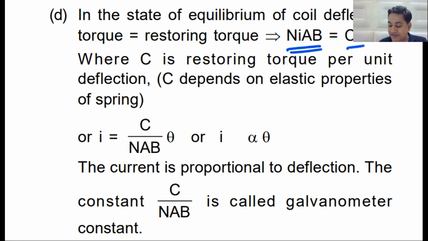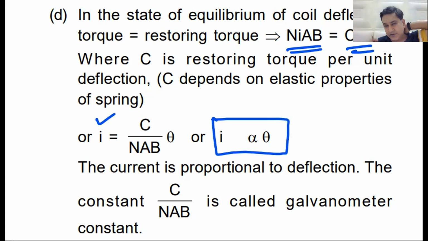That is equal to C theta, where C is known as the torsional constant of the spring, or sometimes it is known as restoring torque per unit angle. So I is directly proportional to angle theta. So how much it has turned will give us how much is the current. This C divided by NAB is sometimes known as the galvanometer constant. Do you know this?